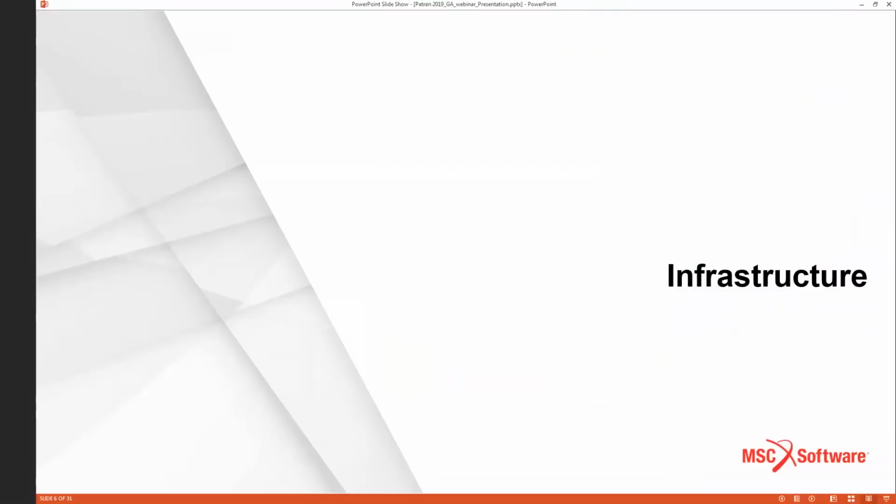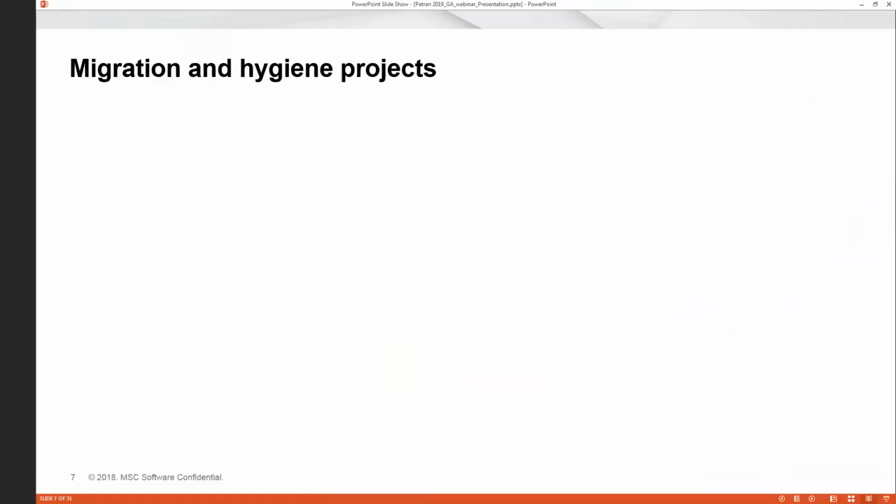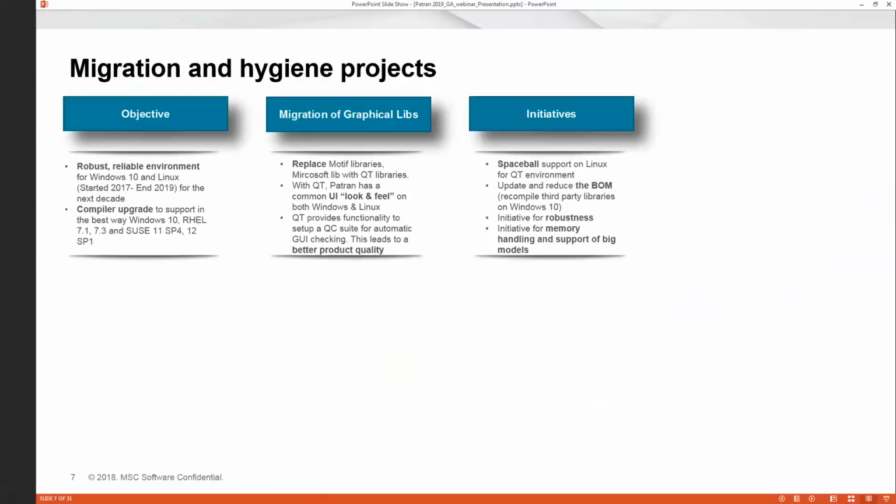There we had some hygiene projects and migrations. As you know, Patran is already over 40 years on the market, and from time to time you have to do some hygiene projects. We started at the end of 2017 with the migration from Windows 7 to Windows 10, and the goal is to have a robust, reliable environment for Windows and Linux.